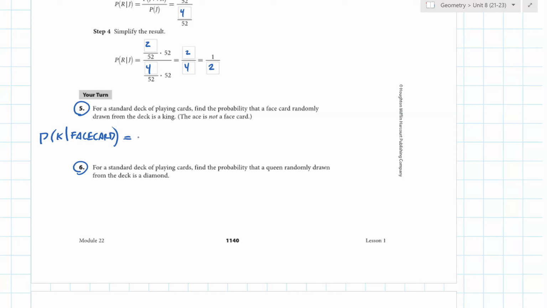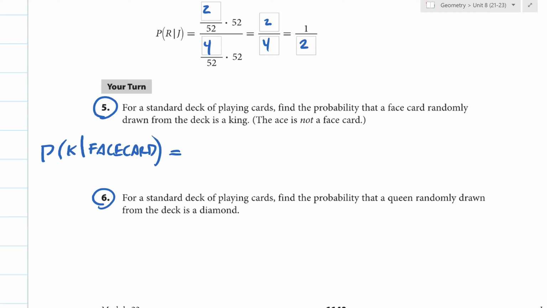So as soon as we know it's a face card, we're only dealing with 12 cards now. How many of those are kings? Well, 4 of them are kings out of the 12 face cards. So that is a probability of 1/3.